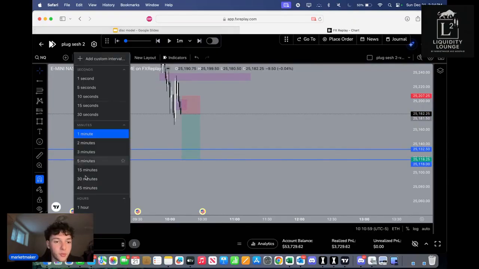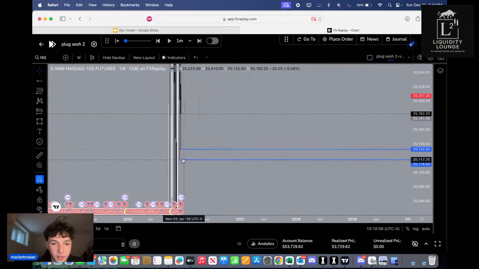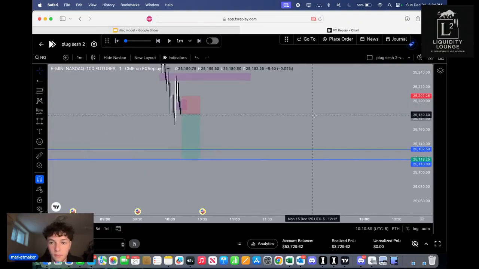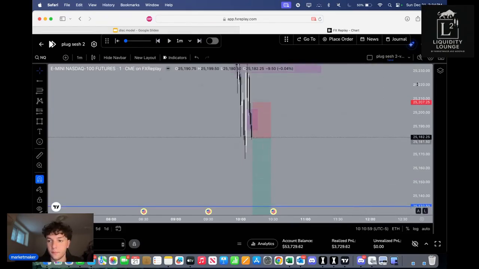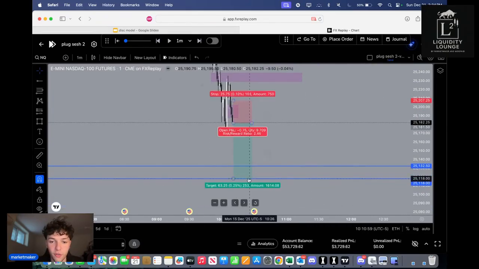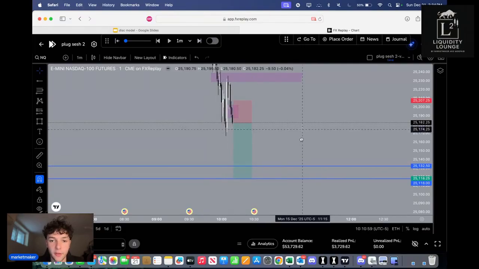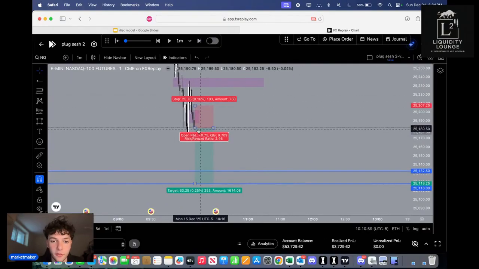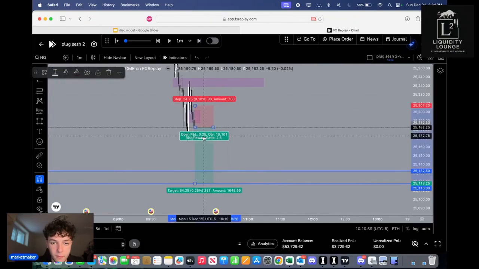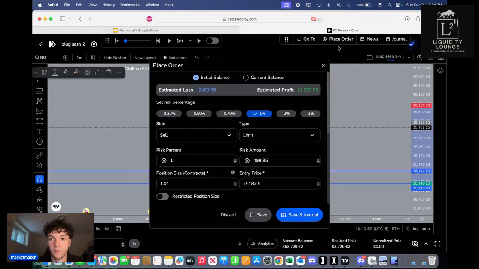This is also previous week's low, I believe, as well, right? Let's check. Right? Yeah, this is also previous week's low. So strong drawn liquidity. Previous week's low, previous day's low, and then this 4-hour swing low right here as well, right? This blue line. All right, so let's place this trade. So here we're risking again 500 to make just under 1300.